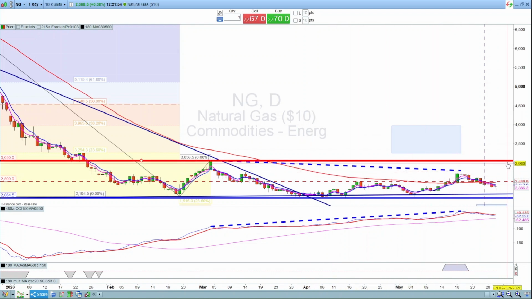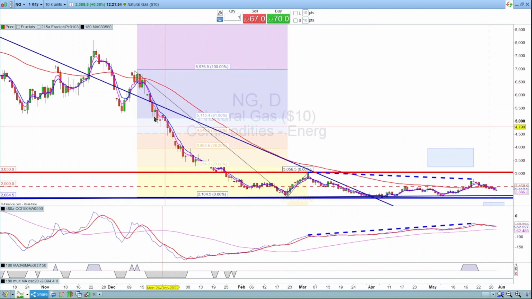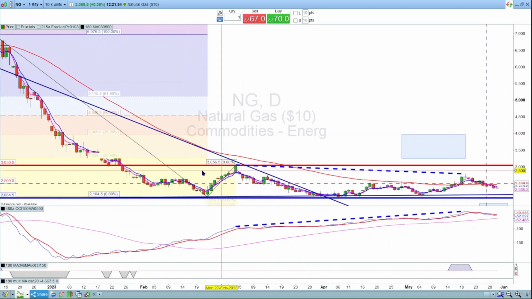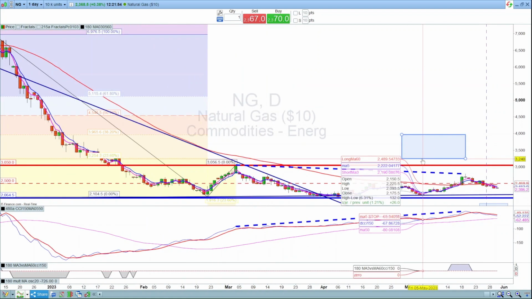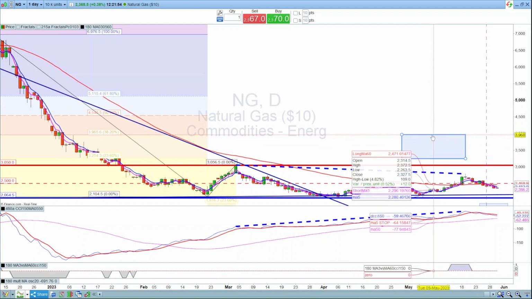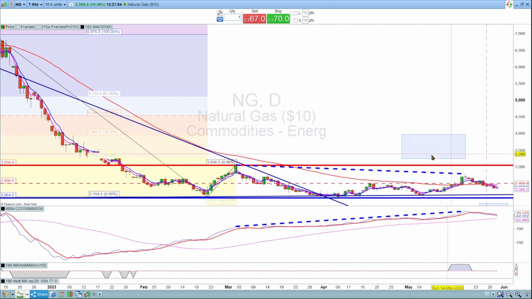If it breaks above that, and especially if it breaks above this resistance, we're going to see it initially probably hit this target area between the 23% and the 38% Fibonacci retracement between that high and that low. The low level there at 23% is 325, and the high level there is at 396. So that's our initial target area if it breaks above this resistance.